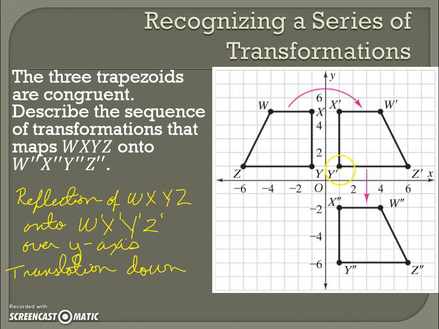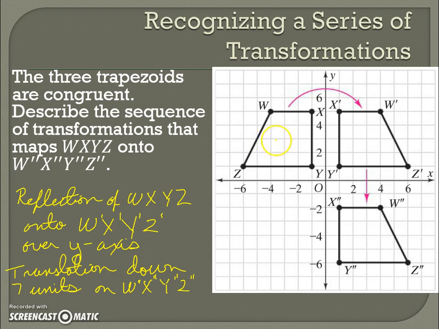Let's see, how do I get from Y to Y prime? Well, 1, 2, 3, 4, 5, 6, 7, down 7 units, onto W prime prime, X prime prime, Y prime prime, Z prime prime.